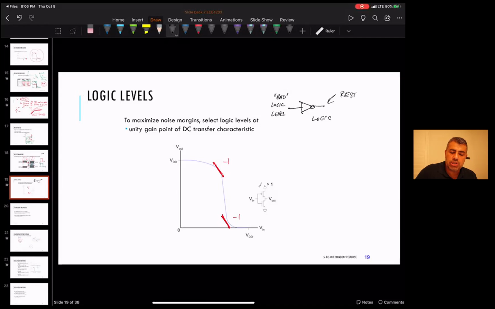I think we called it restoration or restoring. So this logic gate would restore the level to a good logic level.